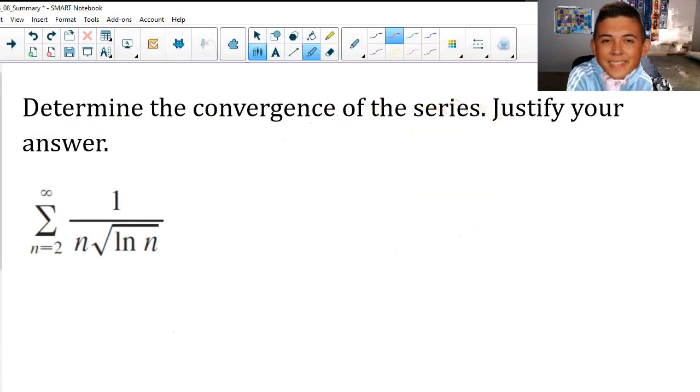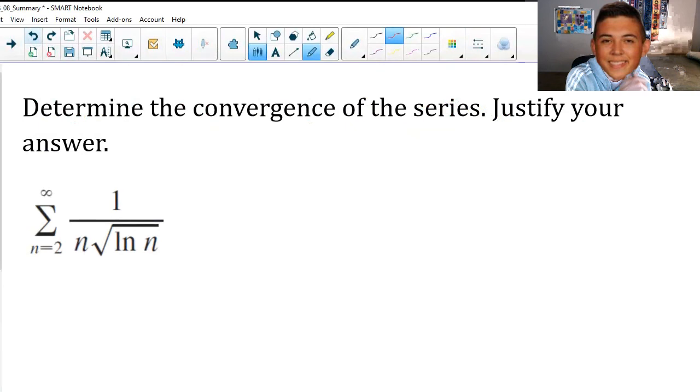Okay, so actually, if I just think to myself, the nth term test, so if I took the limit of this sequence, it would equal 0. So that's inconclusive. This doesn't look like an alternating series. It doesn't look like a geometric series.